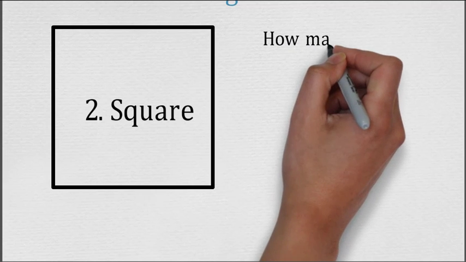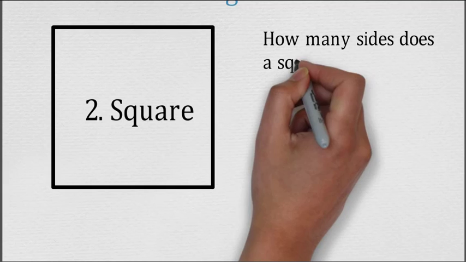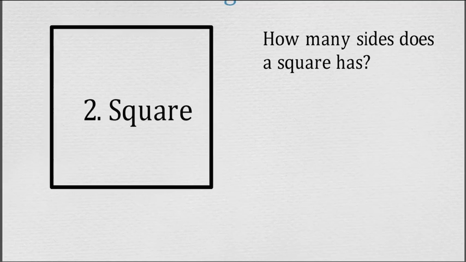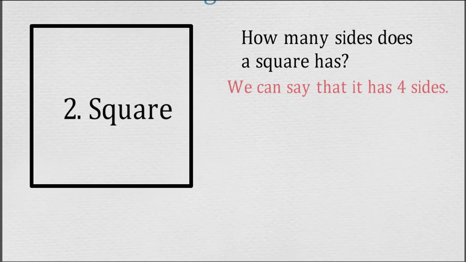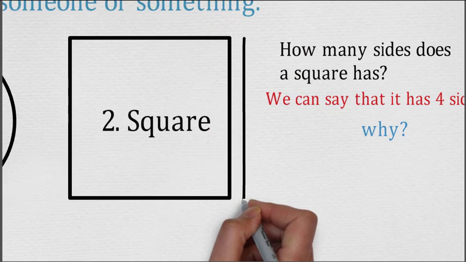What is a square? How many sides does a square have? We can say that it has 4 sides. Why do we say it has 4 sides? When we draw this line here, it is called a side. This is one side.